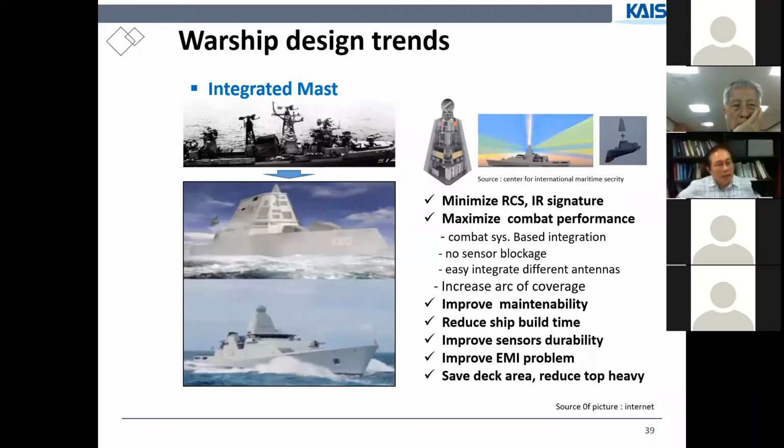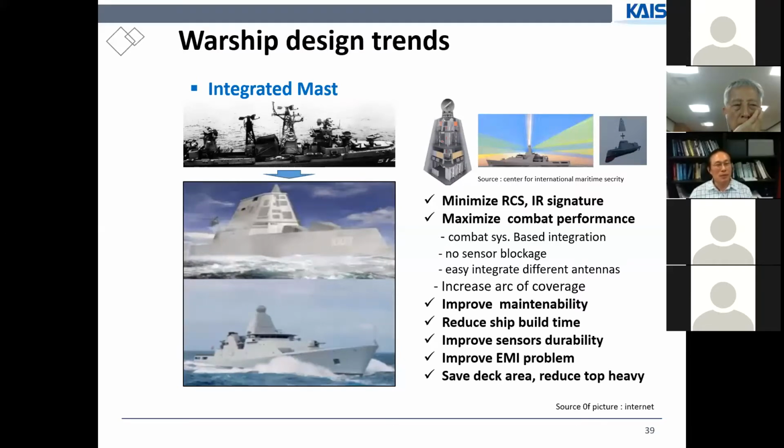trends are the integrated mast. In the past there were many masts and sensors and antennas like that, and very complicated decals, and they generate much radio reflection, so RCS is very high.